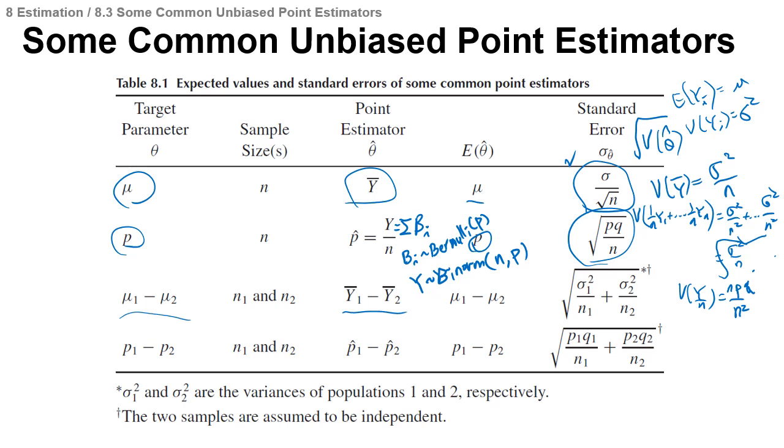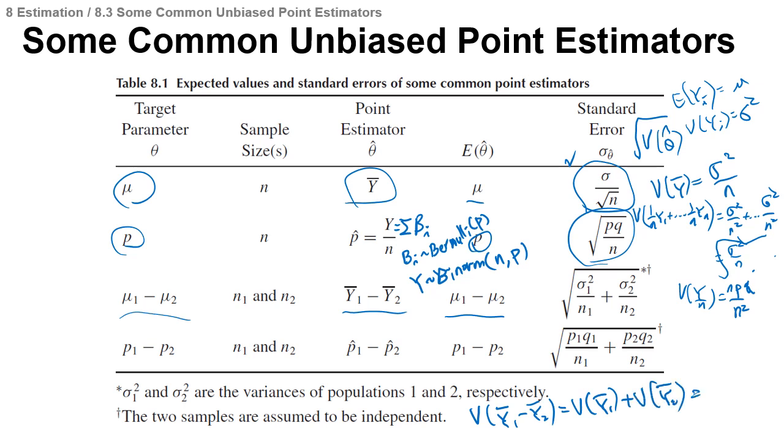And in this case, the expected value would be easy, mu1 minus mu2, and the variance part is also easy.